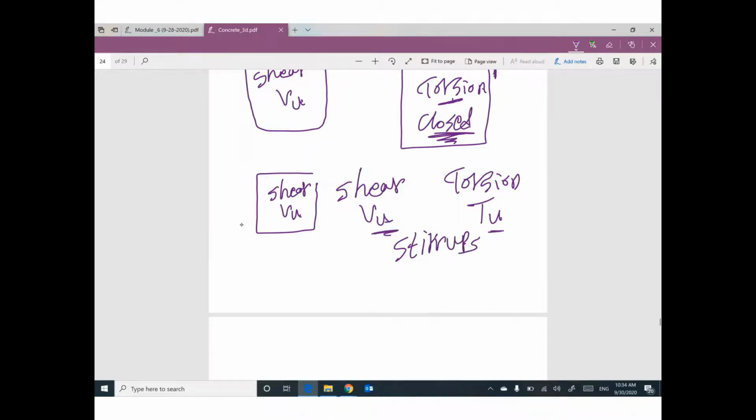But for shear, your stirrups can be open like this. That's fine. But for torsion, no. Your stirrups must be closed stirrups. Must be closed. If you can weld this end, that will be good.